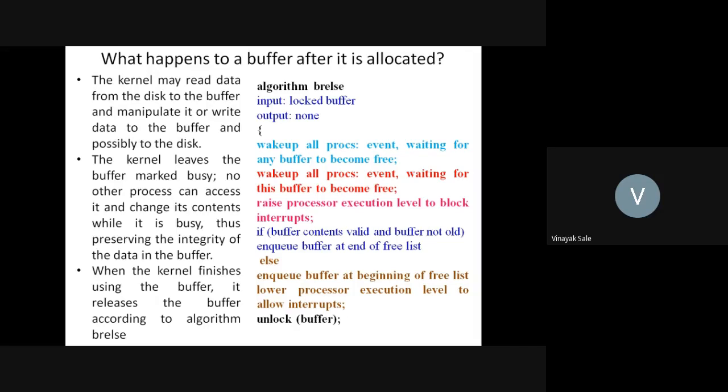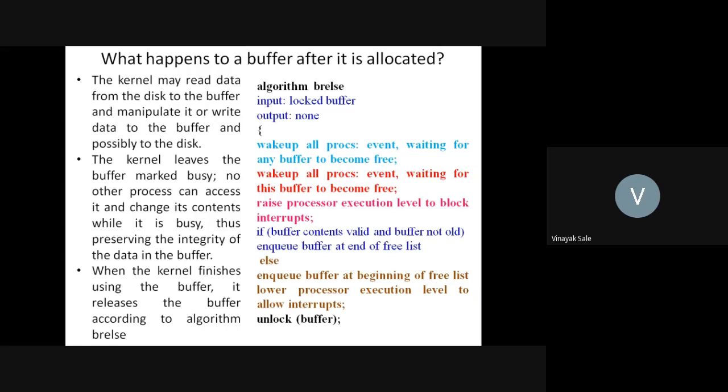As per the scenario, the kernel searches for a particular block on its hash queue and that block is free, then it removes it from the free list and the kernel allocates that buffer to a particular process.